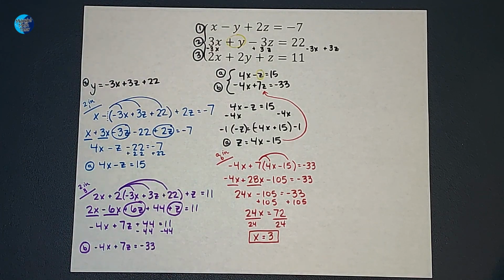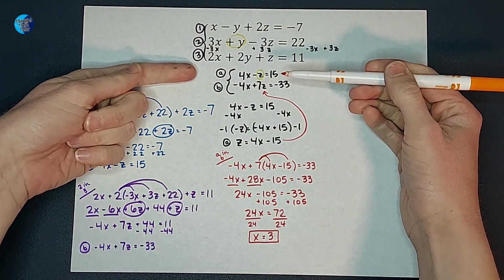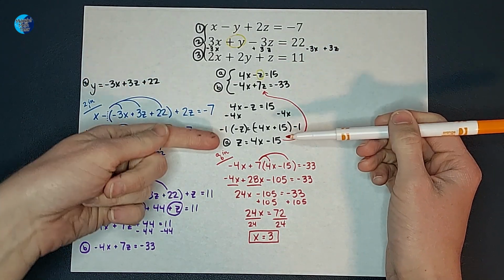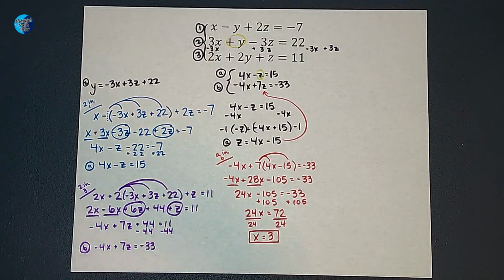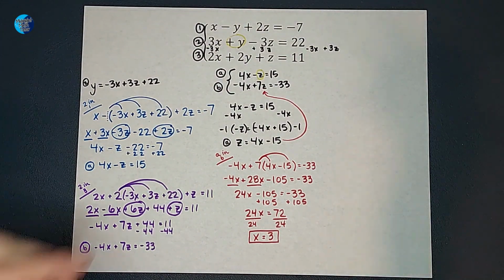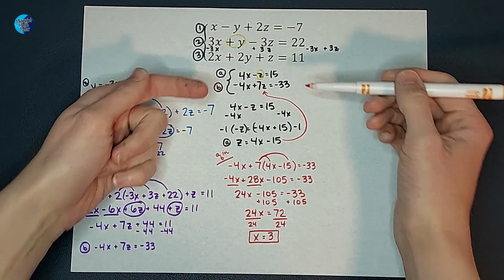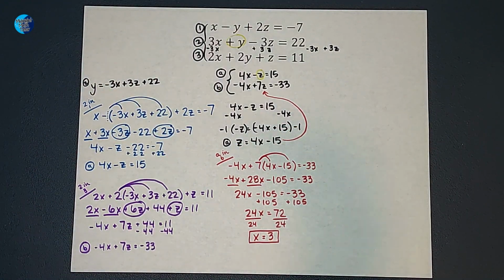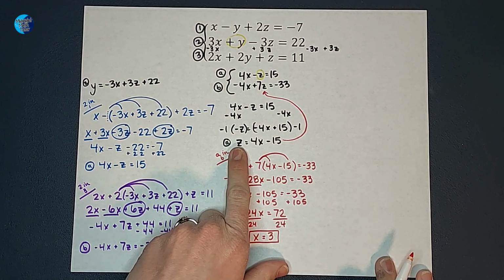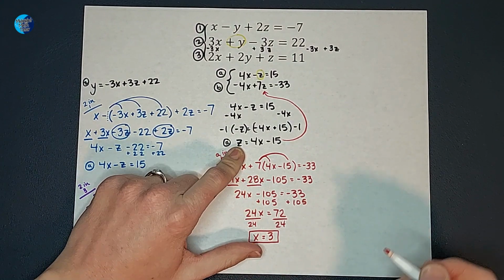Well, now that I know what x equals, guess what? I can plug it in either here, here, or even I could plug it in here and figure out what z equals. Okay? Like I said, I can plug it into A, into B, or into this modified A and figure out what it equals. I'm going to plug it in here because guess what? Z is already by itself. So what am I doing?